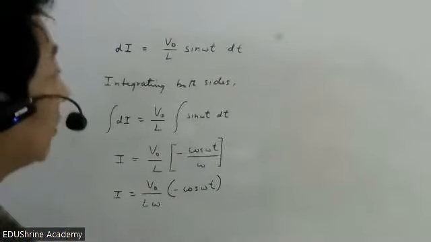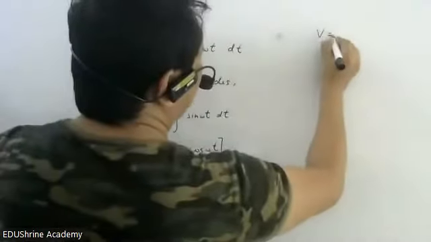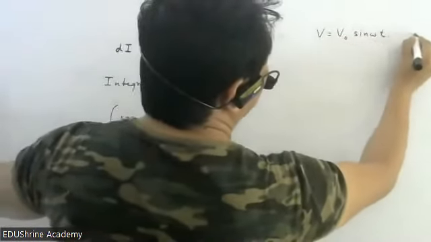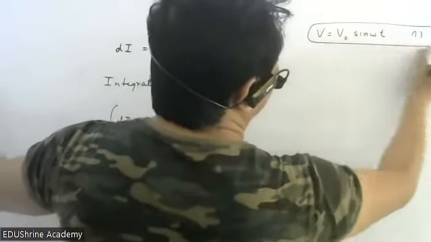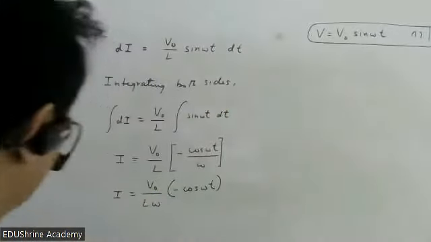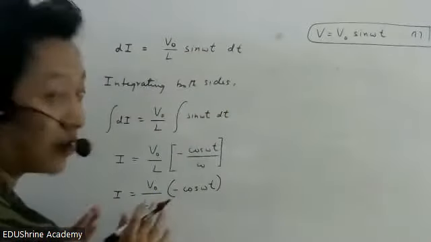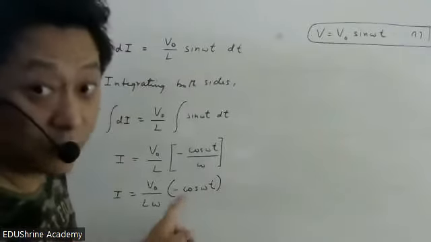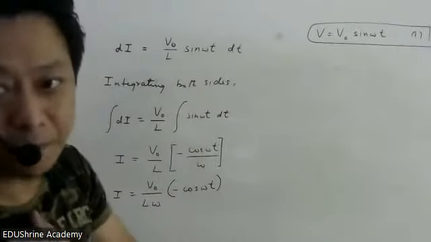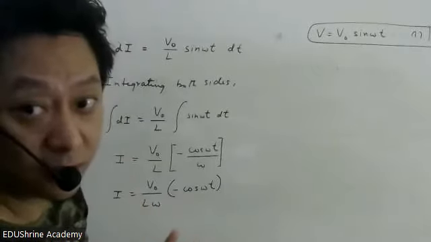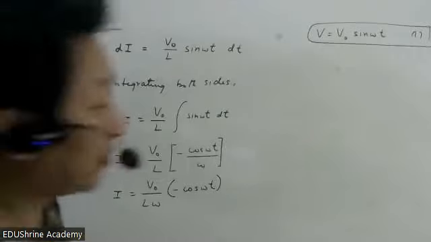Now remember, your voltage which was applied was V naught sin omega t. Call this equation 1, the first one which you wrote. Now we are there. We almost got current. But the problem is this is cos. I want to convert this into sine. Now be careful, there is a minus sign. Look here, everybody.